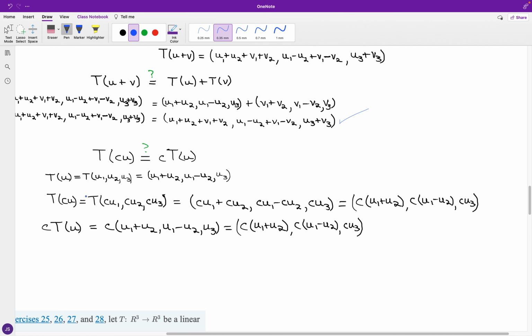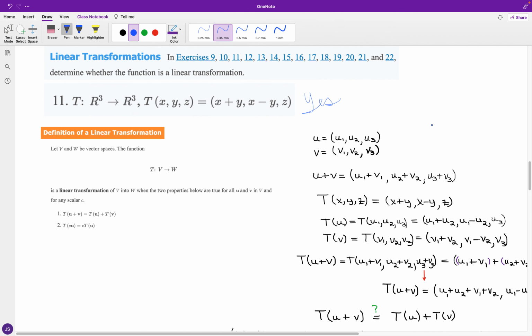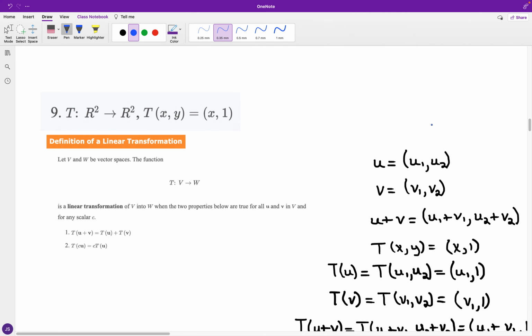And for the scalar multiple of the transform of u, that's going to end up as c times what I have for the transform of u, and distributing throughout, this will come out the same as what I have in this particular case. So it turns out that this relation is equal, and for number 11, that is definitely yes.